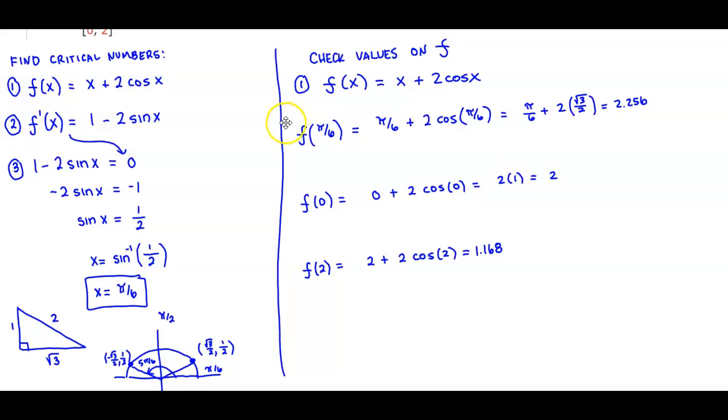At the critical value pi over 6, we have a y value of 2.256, so this is going to represent your maximum value. Here we have 0, 2, and then 2, 1.168. If 2.256 is the maximum value, then 1.168 is going to represent the minimum value.